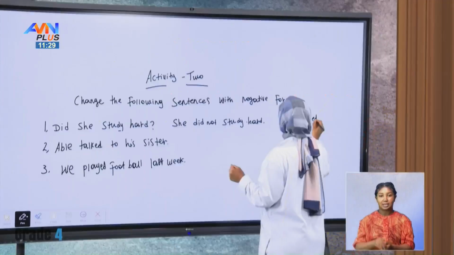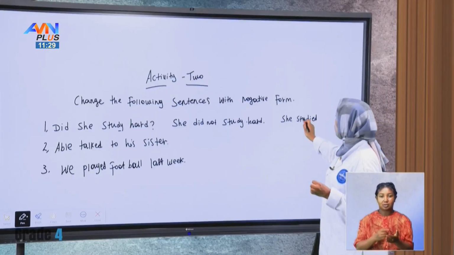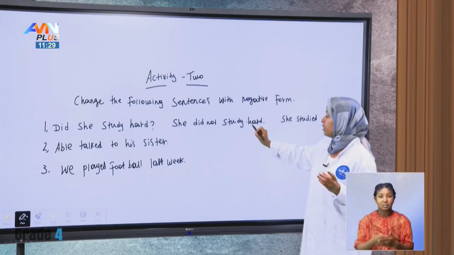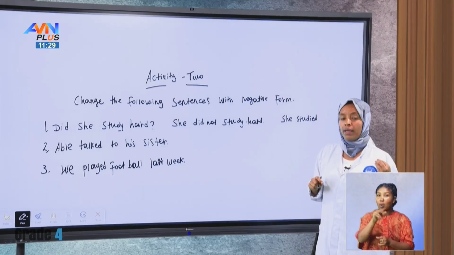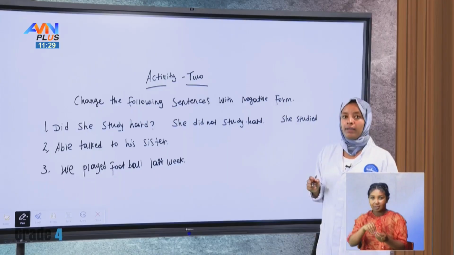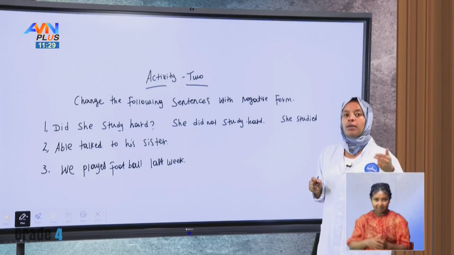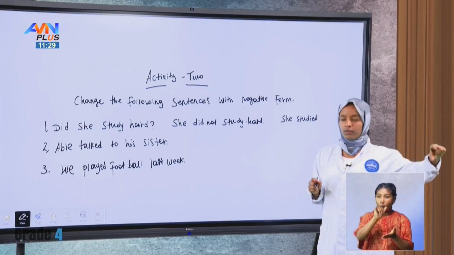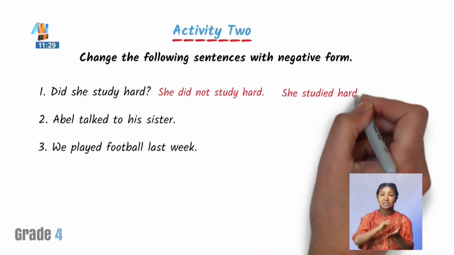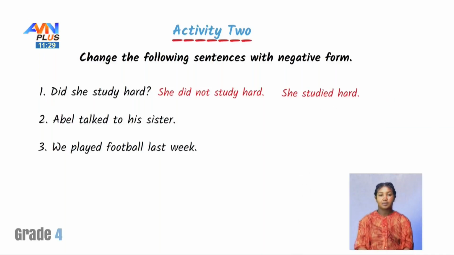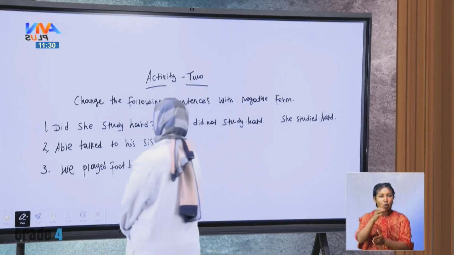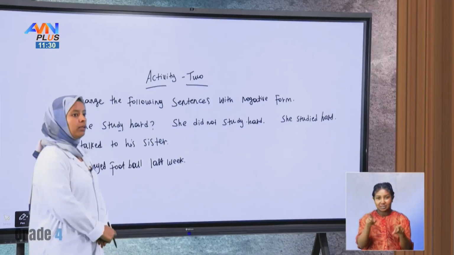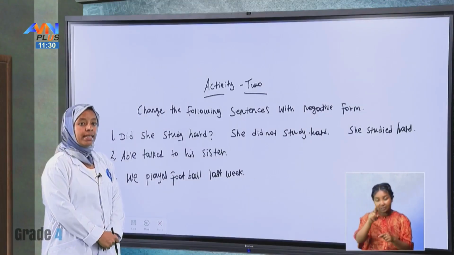Here is, oh, sorry, here students. When we come to verbs ending with Y, we can cancel Y and add I-E-D. Study, studied. So, she studied hard. So, the next example, Abel talked to his sister. Abel talked to his sister.